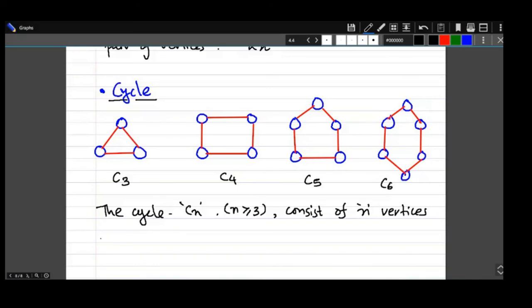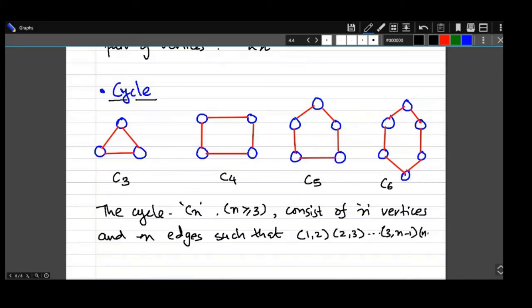And how many edges? n edges, such that, let's say, 1 to 2, 2 to 3, and so on up to n minus 1 to n. Okay, then it is said to be a cycle.